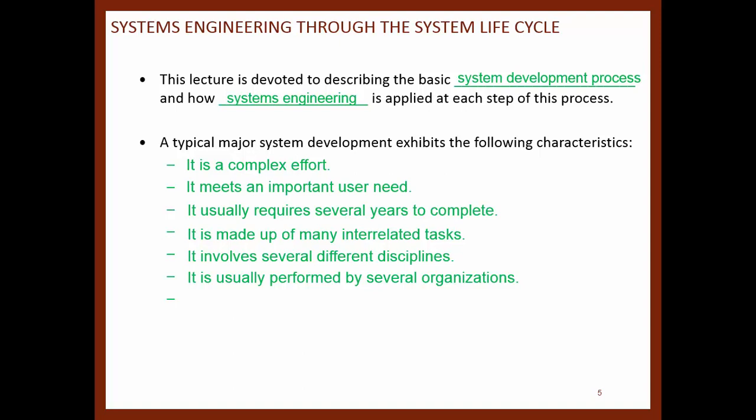It is usually performed by several organizations, like we saw for the 787 case study, where you have companies providing some of the components and so on. And it has a specific schedule and budget. Okay, so a major system development exhibits the following characteristics, and those are listed in this slide.